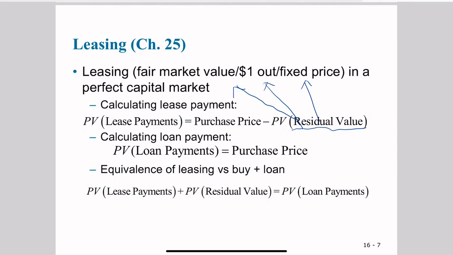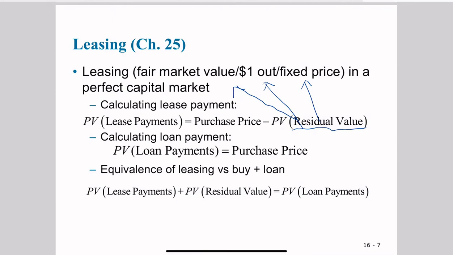Or it could be worth just $1. So this is a $1 out lease. That is, if you exit your lease, the residual value of the asset will be just $1. And then there is the fixed price, which means no matter what the market value is, as the lease ends, if you want to purchase the asset, you will just pay a fixed price.